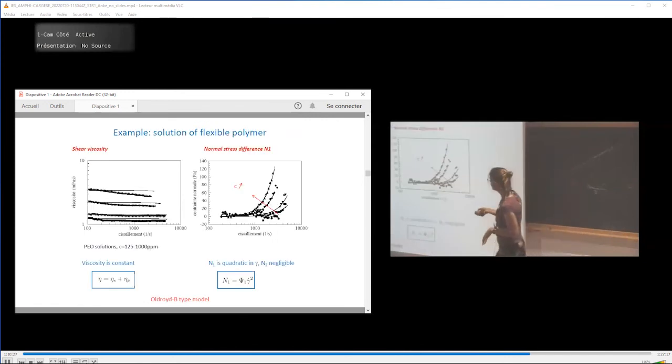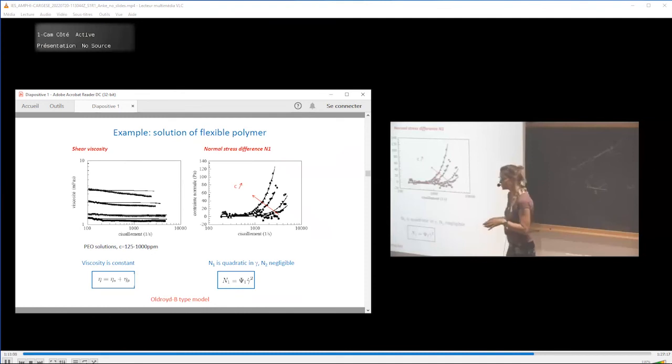I already showed you the viscosity as a function of shear rate, where we saw that they don't have a lot of effect on the viscosity, but we can measure these normal stress differences. For these types of polymer solutions, these normal stress differences are always quadratic in the shear rate. There's quite some theory behind that, but for the moment we can just say that it's quadratic in shear rate.